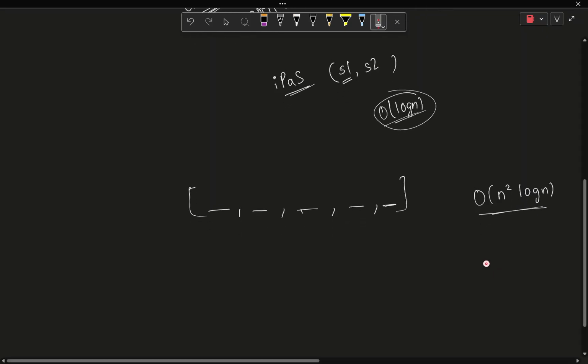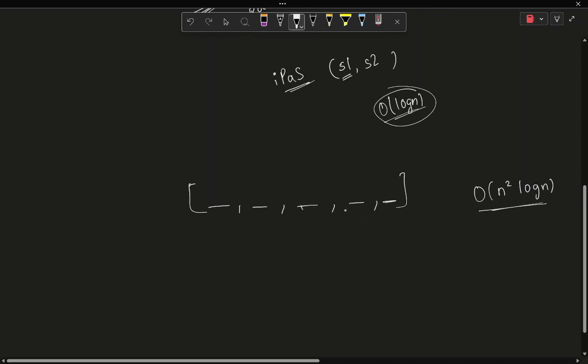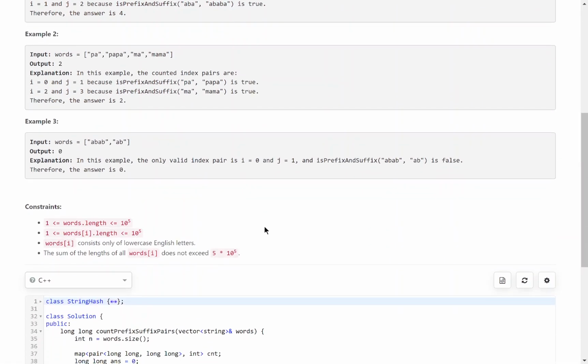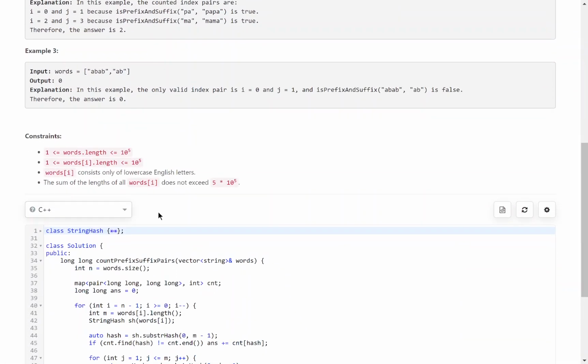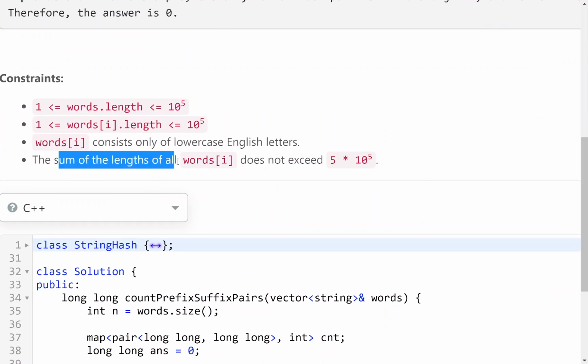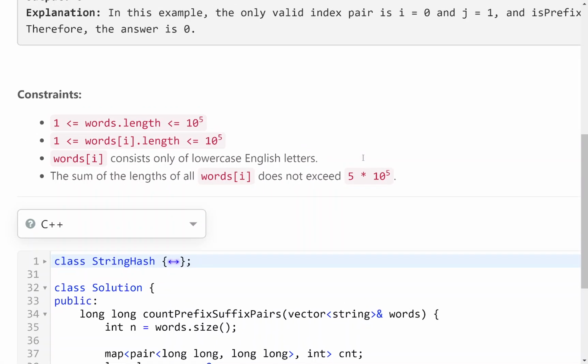Now if you see, the sum of lengths of words[i] does not exceed this length.